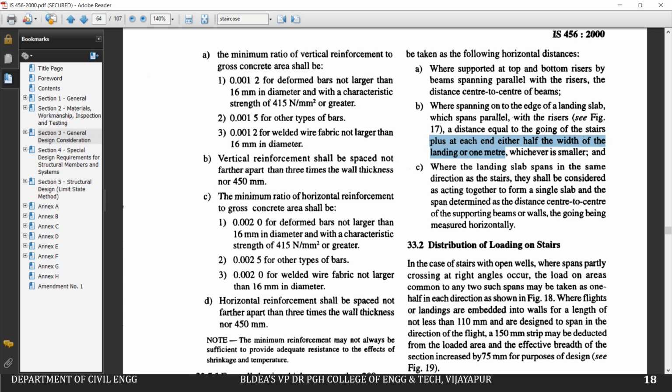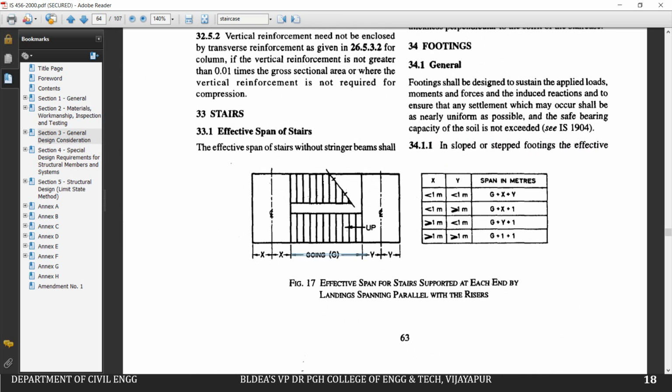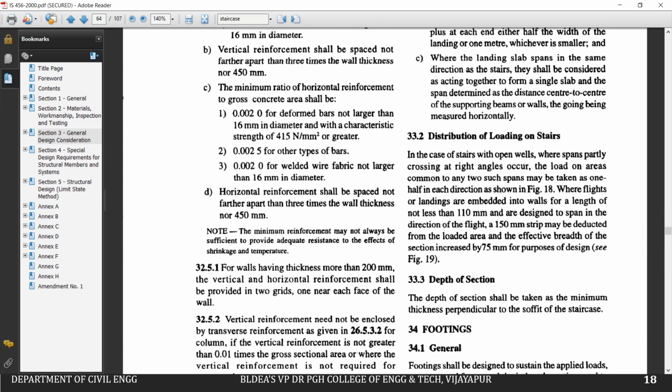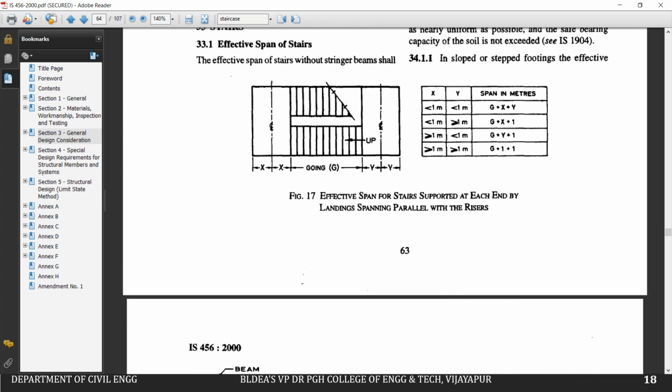That means we have to take this going plus, here where the landing is, half the width of the landing or 1 meter, whichever is smaller, right? So if it is greater than 1 meter, we have to take it as 1 meter. If it is less than that, we can take the actual value, right?